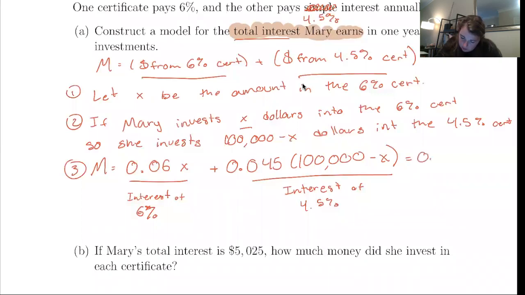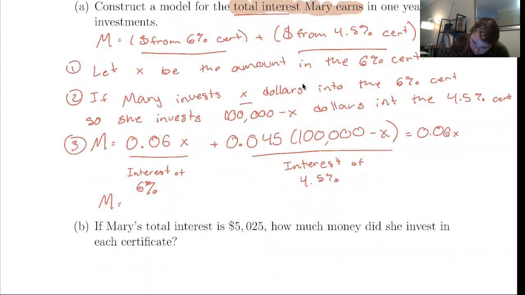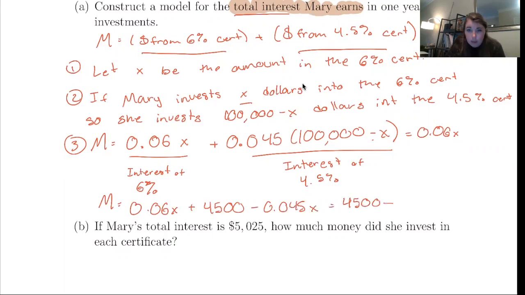You'd get 0.06x plus 4.5% of 100,000 is 4,500, minus, don't forget that negative, 0.045x, which is going to come out to 4,500 plus 0.015x.